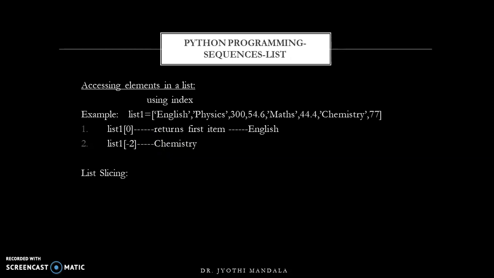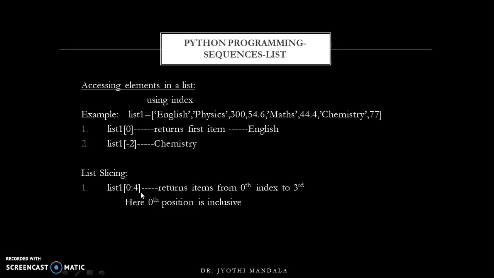Now list slicing. List slicing is similar to the slicing we did with strings in our previous video, where we give two values, where the first one is called the inclusive index and the second one is called the exclusive index. From this list 1, if I give 0 to 4, it will return the values from the 0th index to the 3rd index.